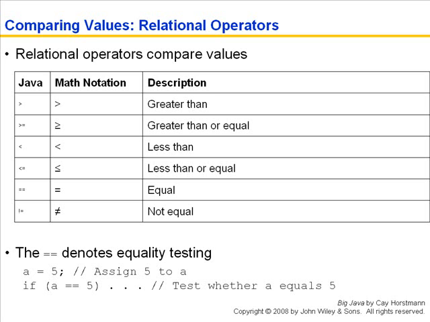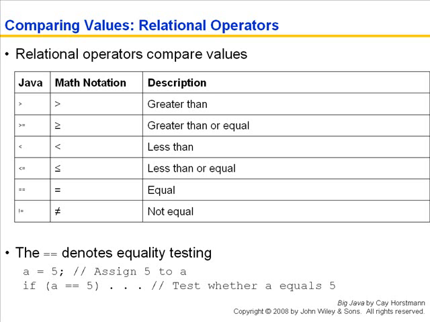The left column shows those relational operators, the equivalent math notation, and the description. They're fairly straightforward and self-explanatory. Greater than or equal means that if either one is true, then the condition is true. Less than or equal works the same way.